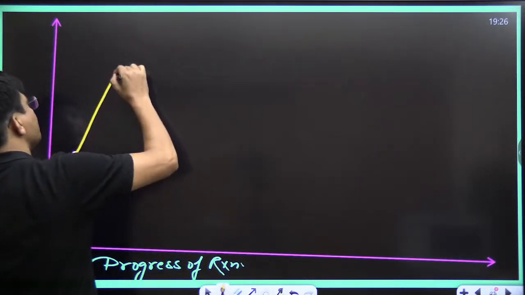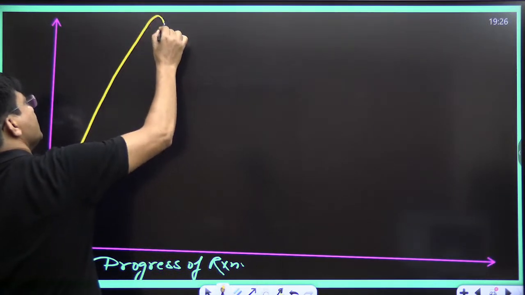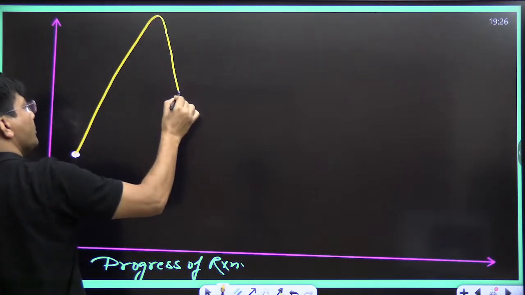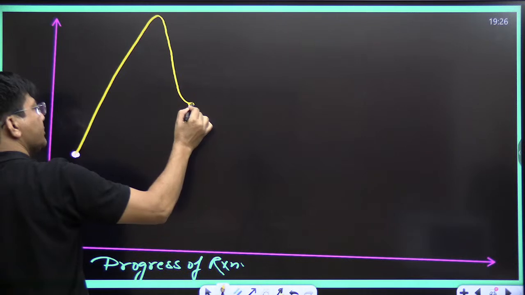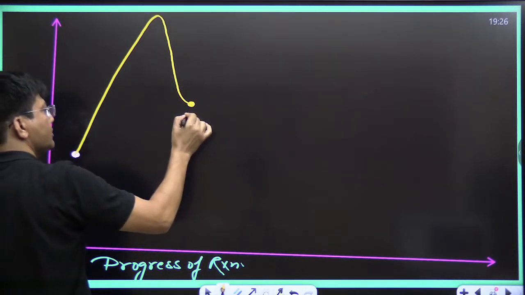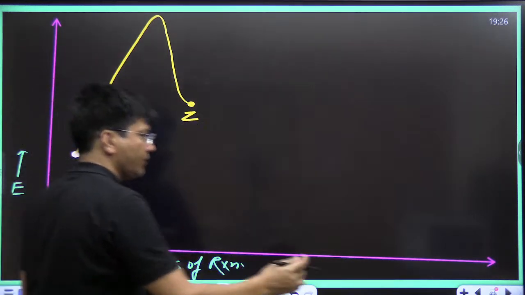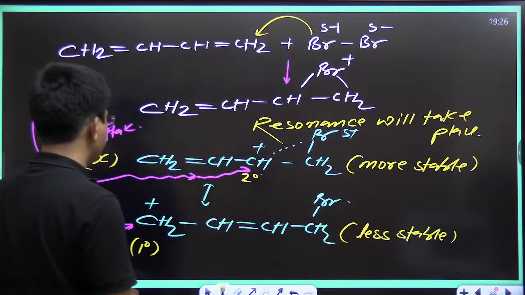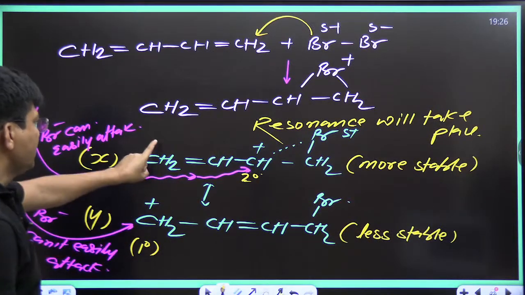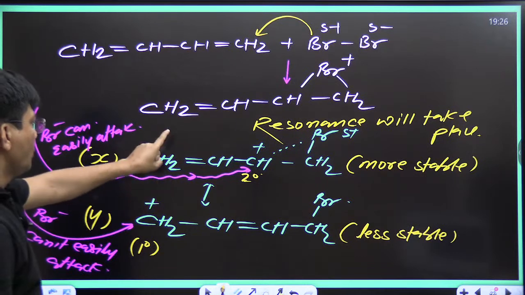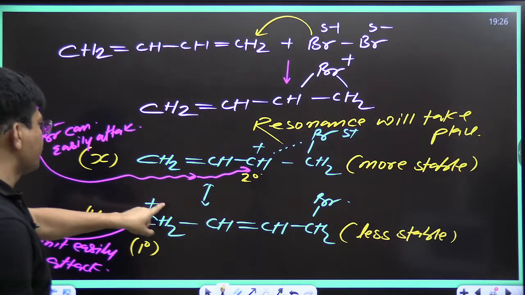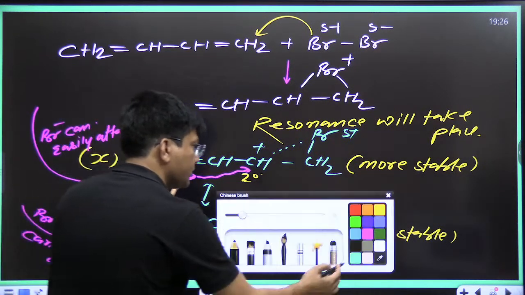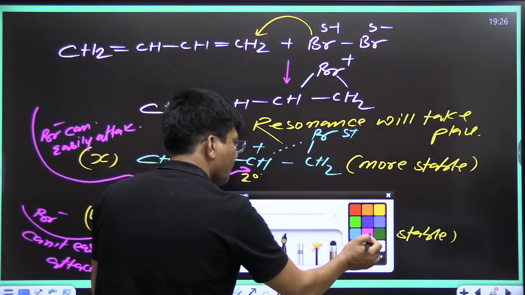The first step is a very tough step, and it has formed an intermediate. Which intermediate is this? This is the Z intermediate. Now you will say, which is Z intermediate? Let me tell you, this is X, this is Y. Neither of the two was the true structure. So let me draw the resonance hybrid of these two.